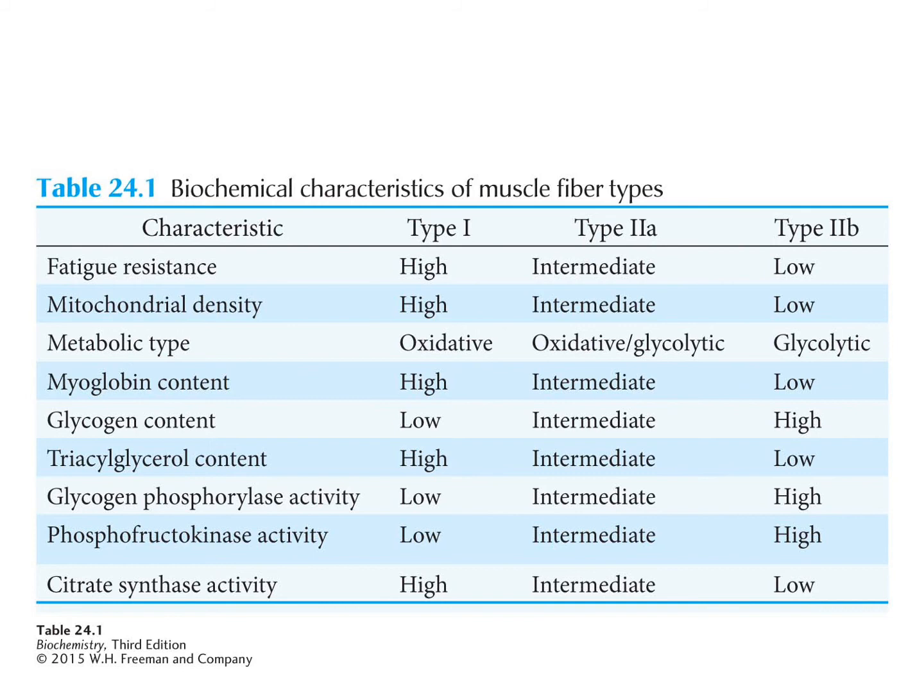Type 2B is high in glycogen content and high in glycogen phosphorylase activity and phosphofructokinase activity.